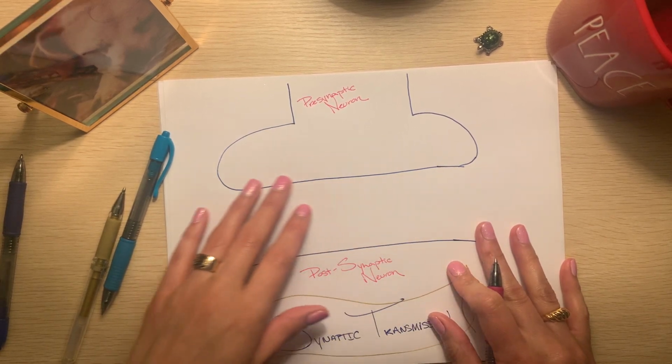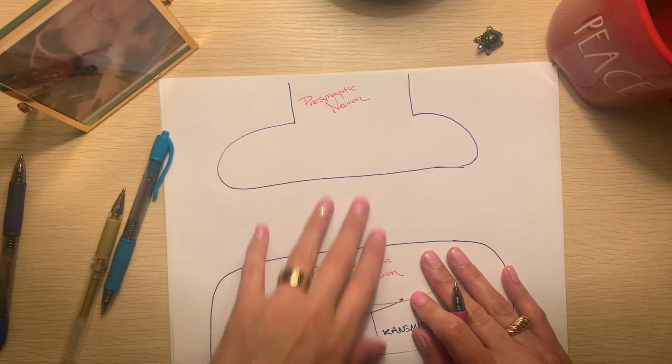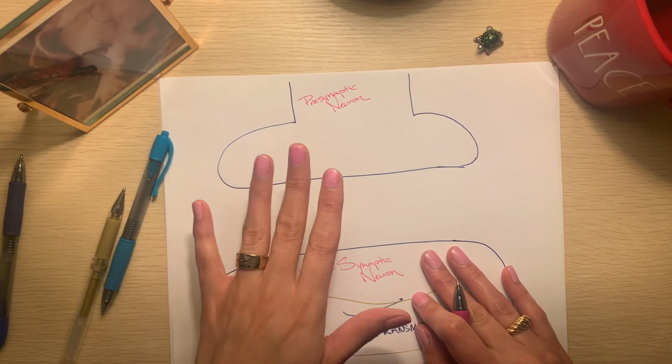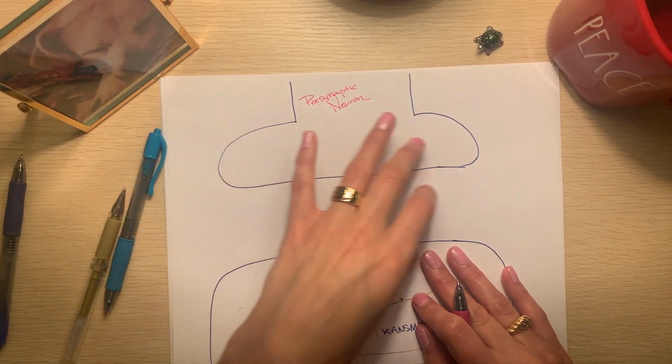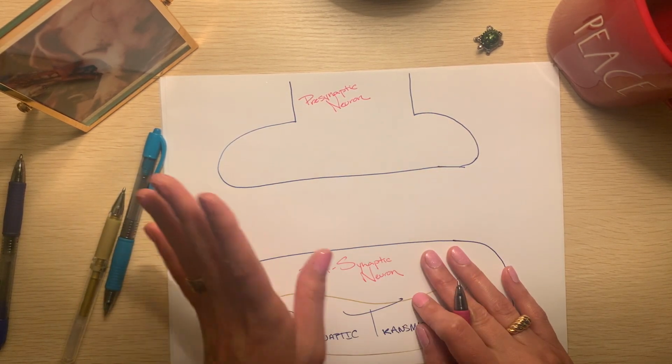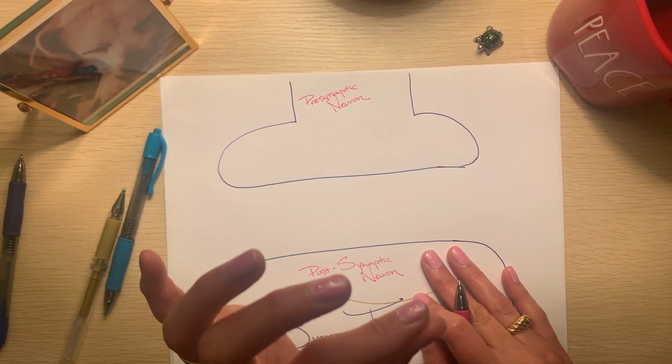Alright, with our neurons labeled, we're going to start talking about the space in between neurons. Technically, neurons do not touch, but the space in between them is much, much smaller than the width of a hair.